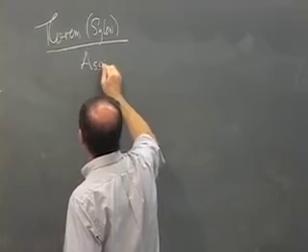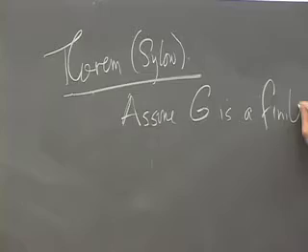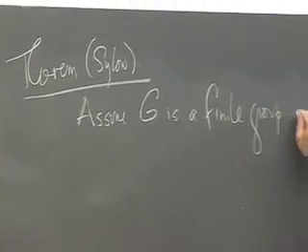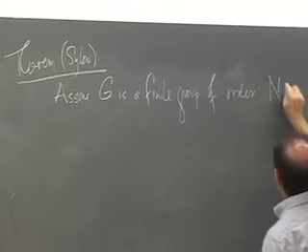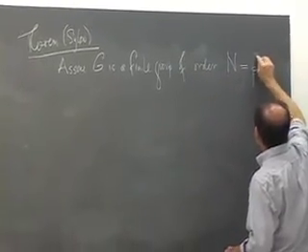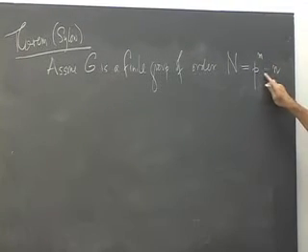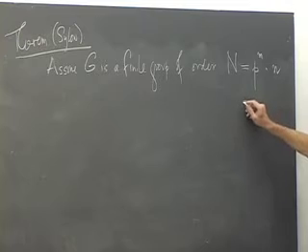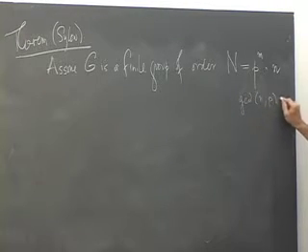Assume G is a finite group of order n, which is factored as p to the m times n, some power of a prime p times a number where n is prime to p.